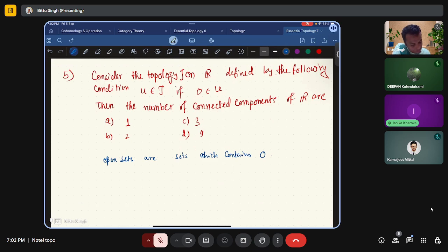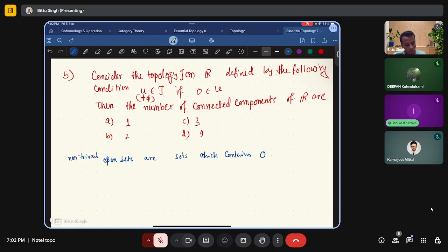This is not completely true because the empty set will also be there, so you just include a condition. All non-empty open sets satisfy this condition. So open sets are some sets which contain 0. This is a non-trivial open set. This is how the topology is defined.